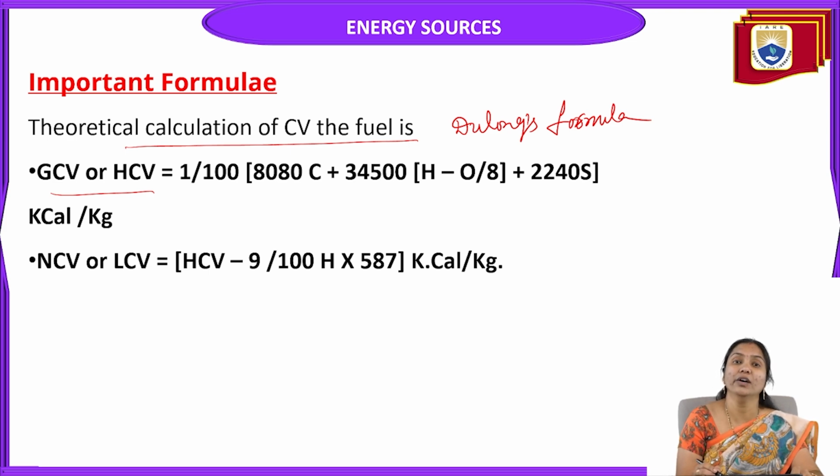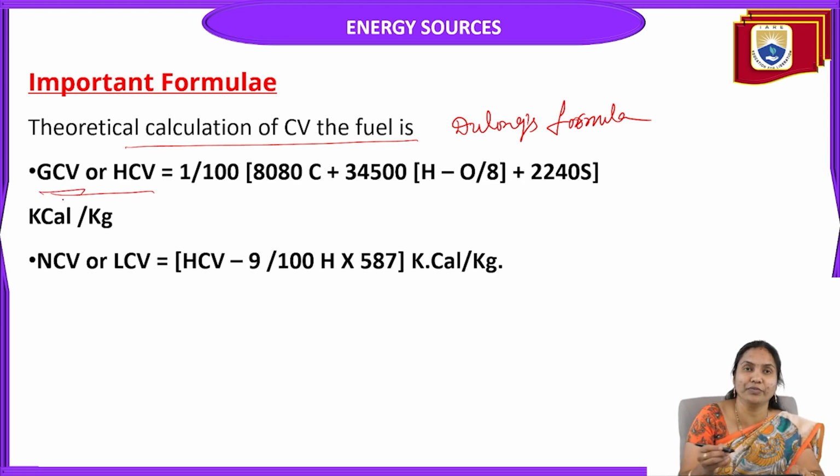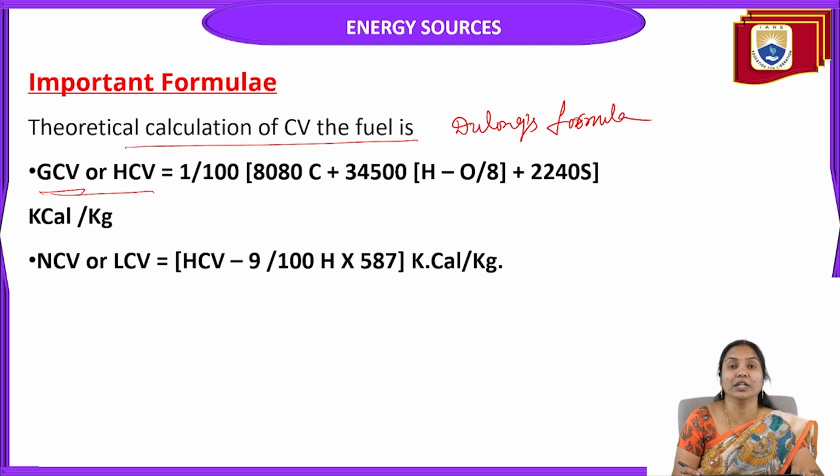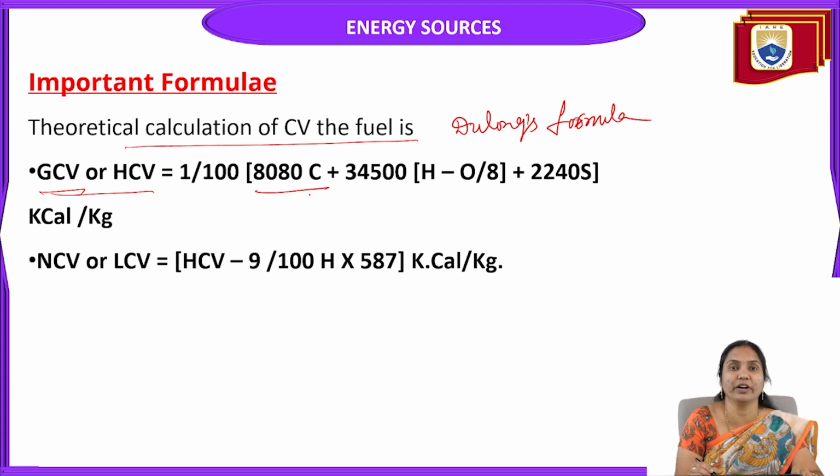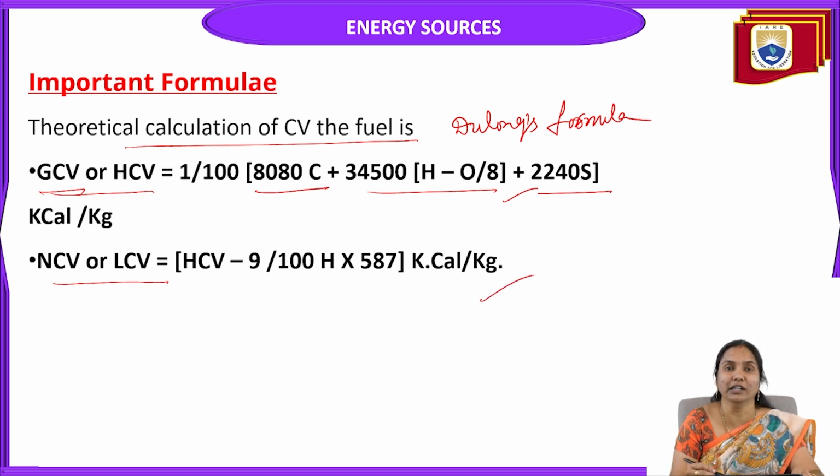High calorific value, also called gross calorific value, equals 1/100 into [8080 C plus 34,500 (H minus O/8) plus 2,240 S] kilocalorie per kilogram or calorie per gram. And NCV equals HCV minus 9/100 H into 587 kilocalorie per kilogram. These are the main formulas for the theoretical calculation of calorific values of fuel.